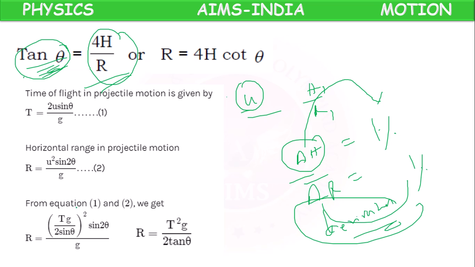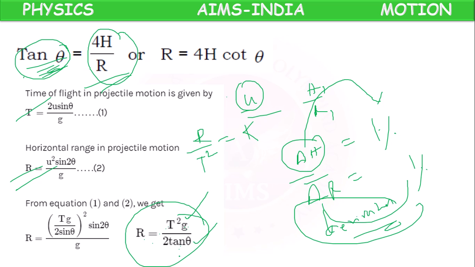The relation between time of flight and range is given by R equals T square G by 2 tan theta, which means R by T square is constant, because G is constant, tan theta is constant, and 2 is constant.